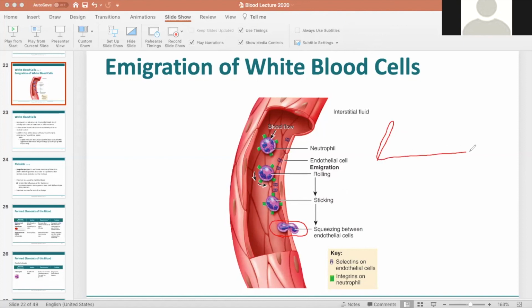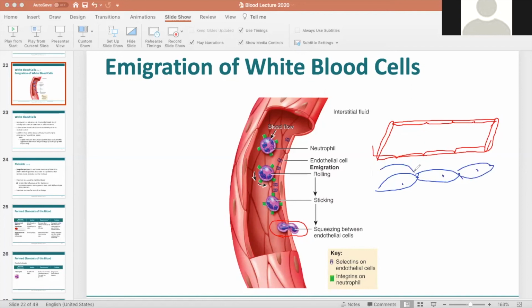So when we think about the blood capillaries like this, we think of a nice endothelial layer, right? And our white blood cells, if they need to move into tissue spaces. So remember, the blood and the tissues are separate systems here. So these are cells, and two or more cells make up tissues.